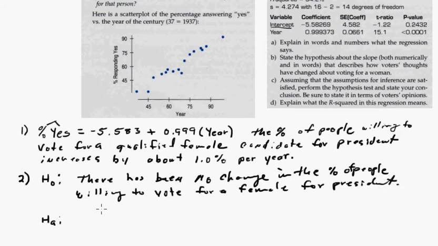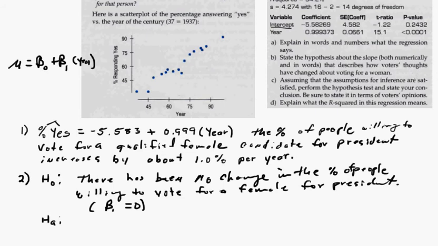Okay, and the parameter would be beta 1 equals 0. We're saying the slope of the model for the entire population would be 0, that the line would be 0.